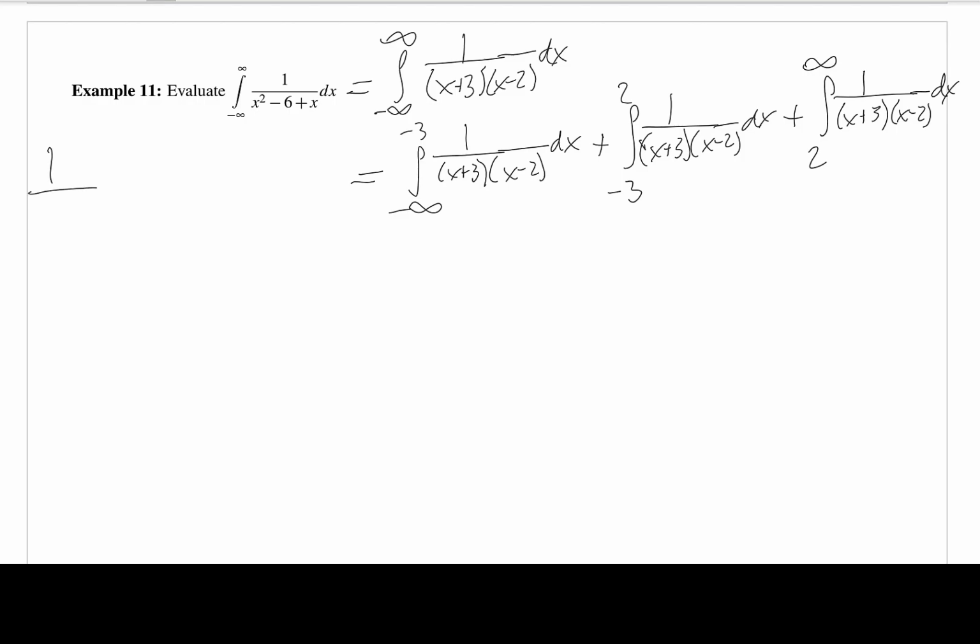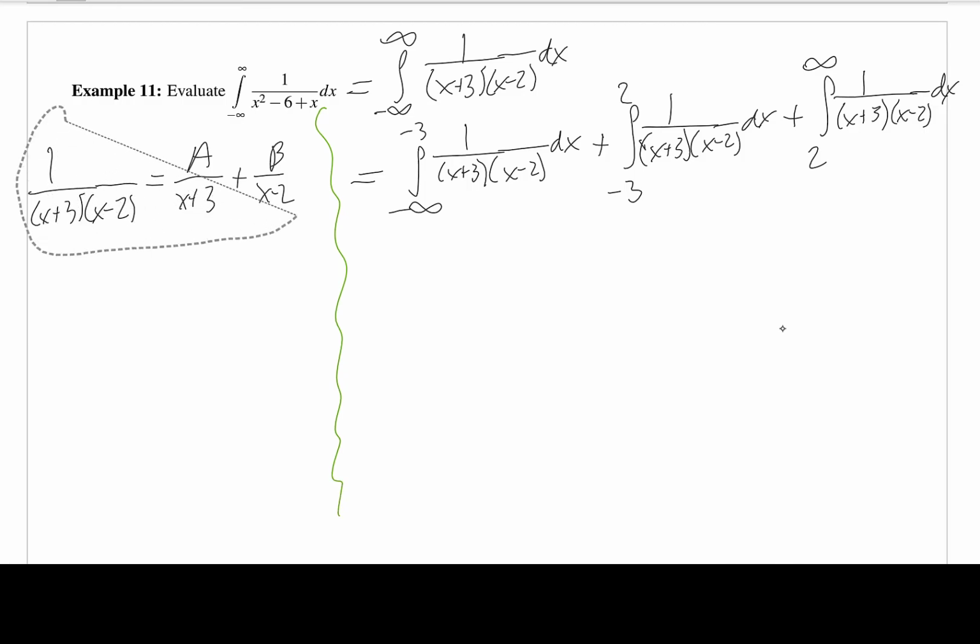So we'll have 1 over (x plus 3)(x minus 2) is equal to a over x plus 3 plus b over x minus 2. Let me go ahead and split this up. And actually, let me use a different color over here.